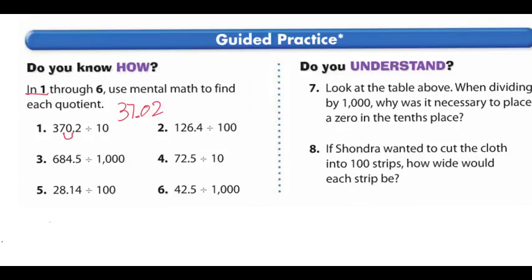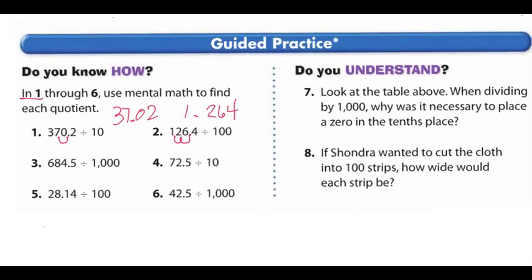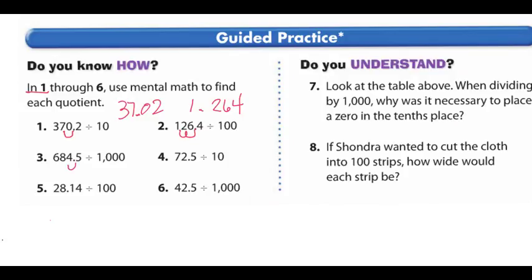Okay, number 3. I'm going to do it, and then I want you to pause and do it yourself first. Okay, so pause now. All right, so you should have paused and done it. Move it back 1, 2, 3 places.